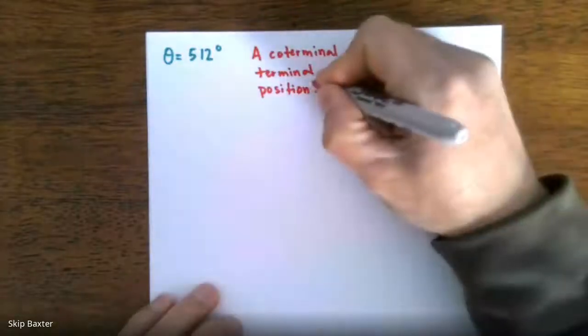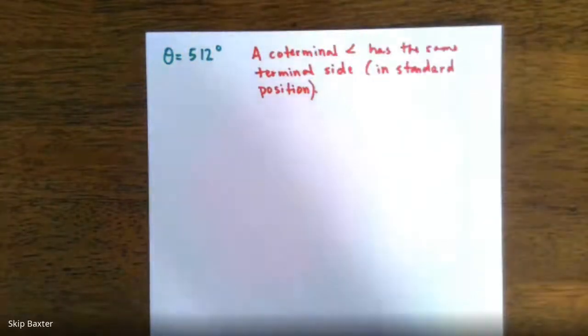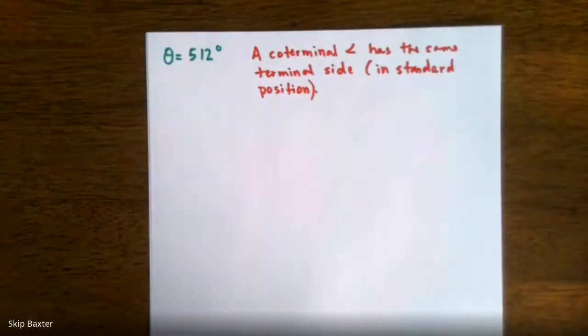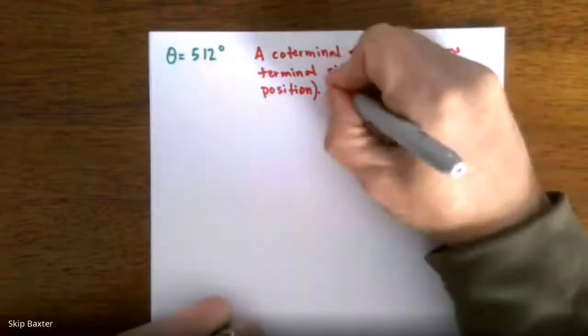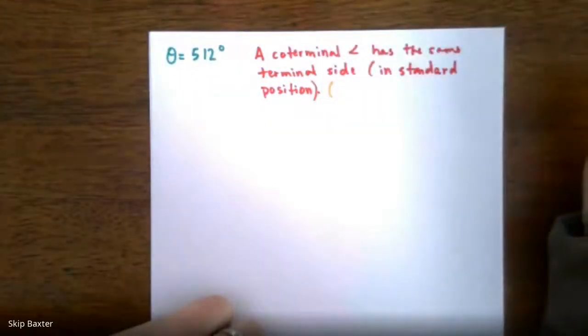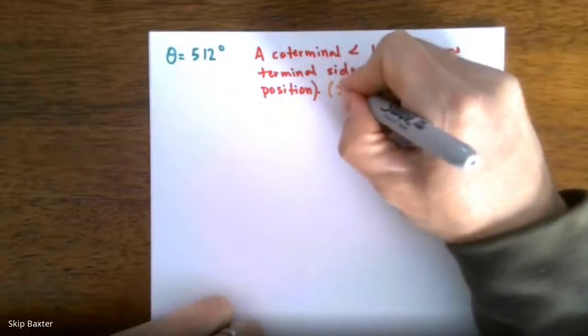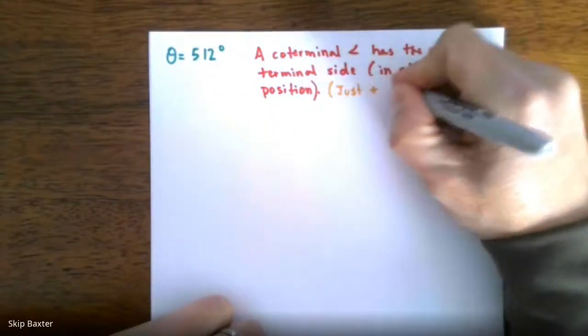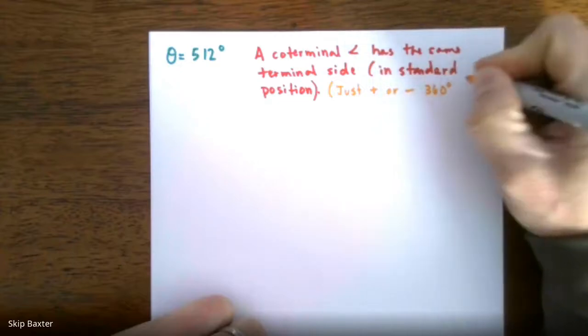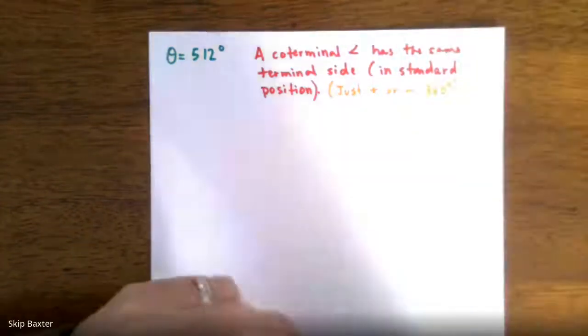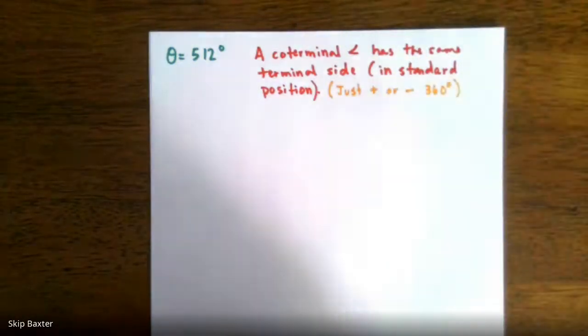So in this case, if we have 512, you can always get a coterminal angle just by adding or subtracting 360 degrees, or 2 pi. Just add or subtract 360.